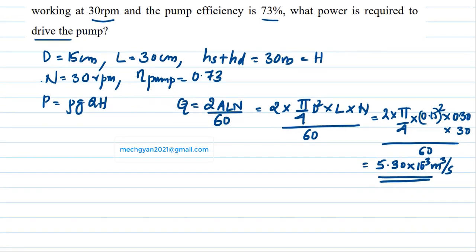So once we have found the discharge, we have to substitute in this equation for power, and power is rho, since it is used to raise the water, so density of water we have to use, so it is 10 cube into 9.81 into 5.30 into 10 power minus 3 into H is 30 meter.